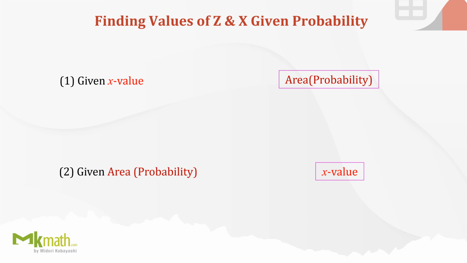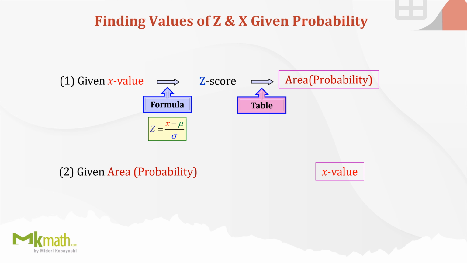There are mainly 2 types of questions. One is calculating areas or probabilities given some observation value x, and the other type uses the reverse process. For the first type, convert each observation value x to a standard unit using the z-score formula shown. Then, look up the z-table to find the left area of the z-score.